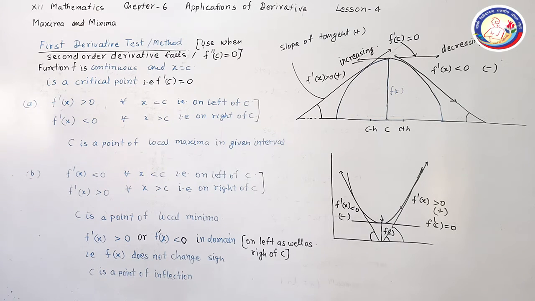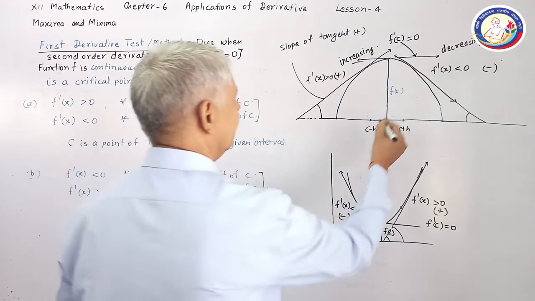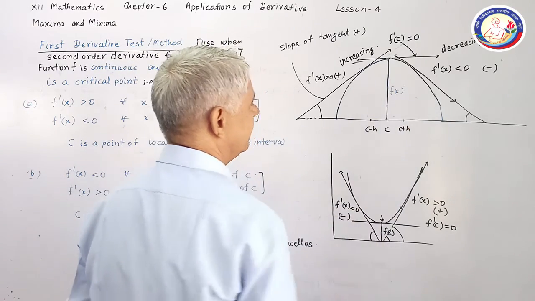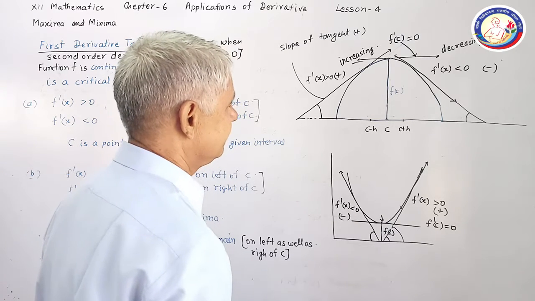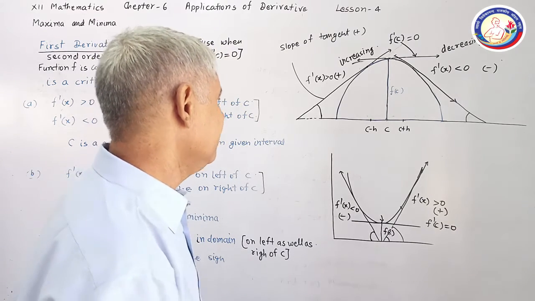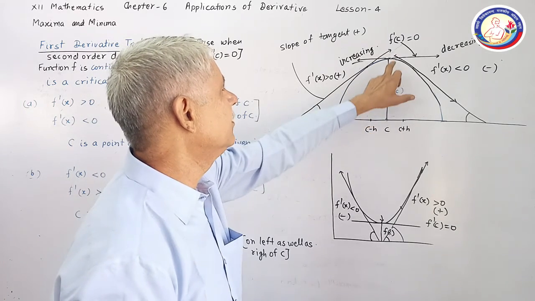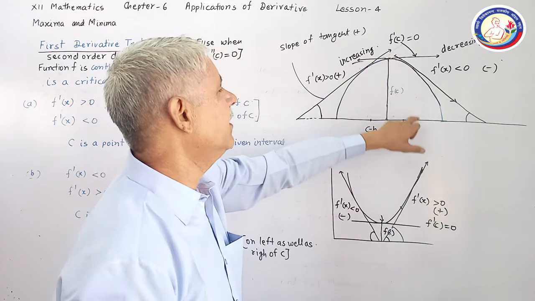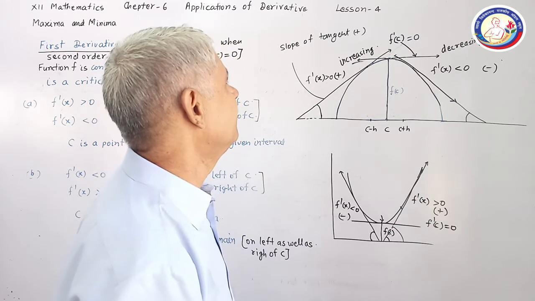Before going through this, I am explaining with the figure. First condition: say c is a critical point. What will be its outcome? The tangent at x equal to c will be parallel to the x-axis for the given curve, and its slope will be 0.